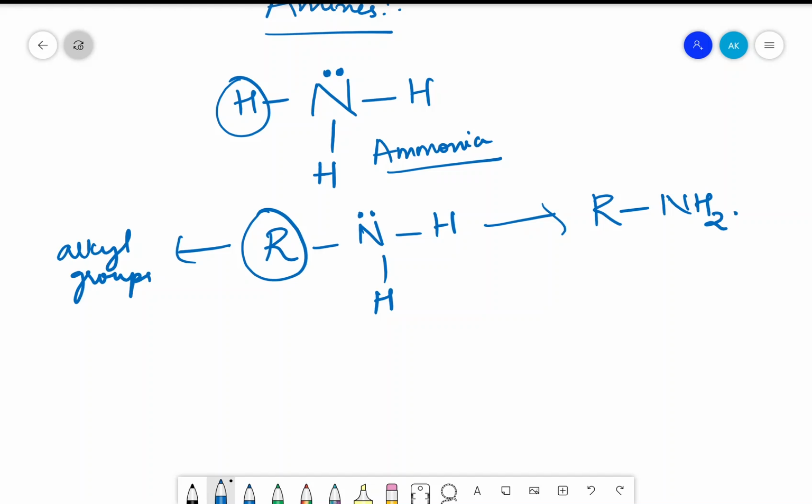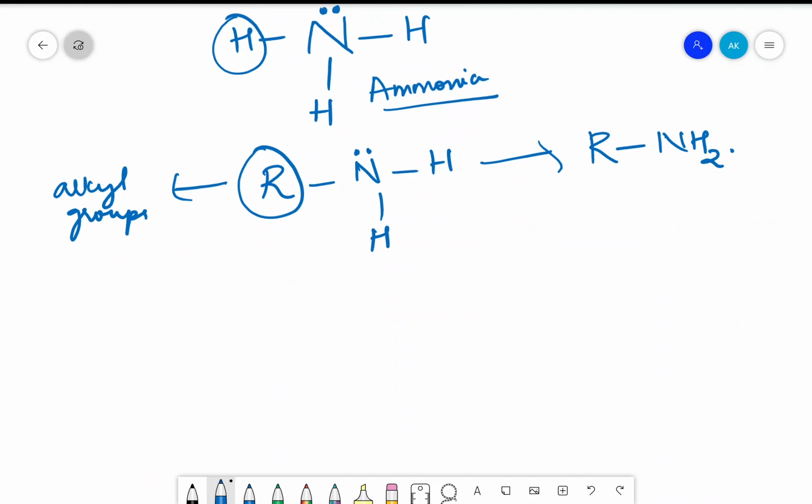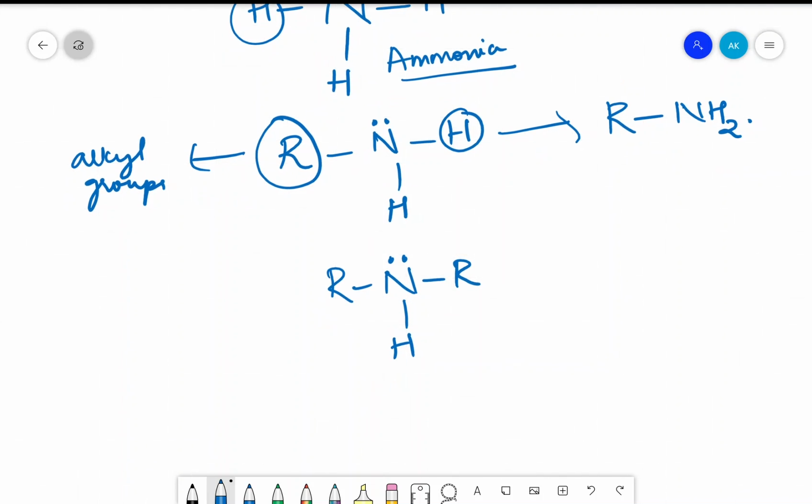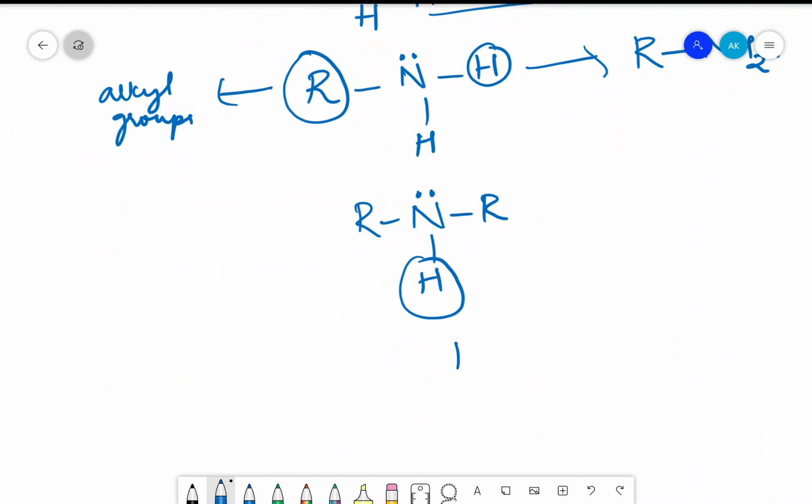If I replace the remaining hydrogen, first I'll try to replace this particular hydrogen with an alkyl group, giving R, N, R, H with the remaining lone pair on the nitrogen. And if we try to remove another hydrogen, then it will be R, N, R, and R with the intact lone pair on the nitrogen.